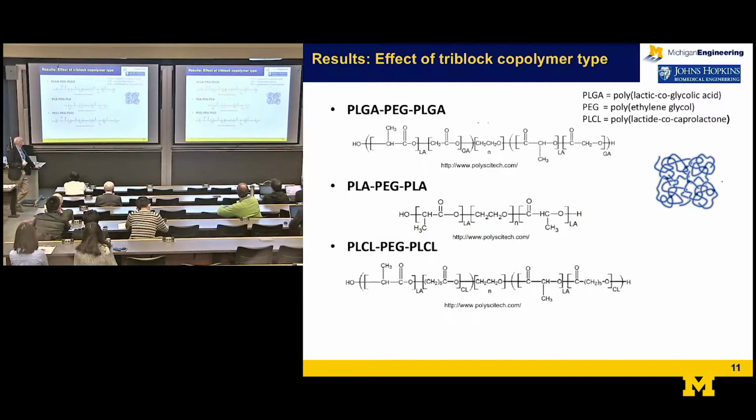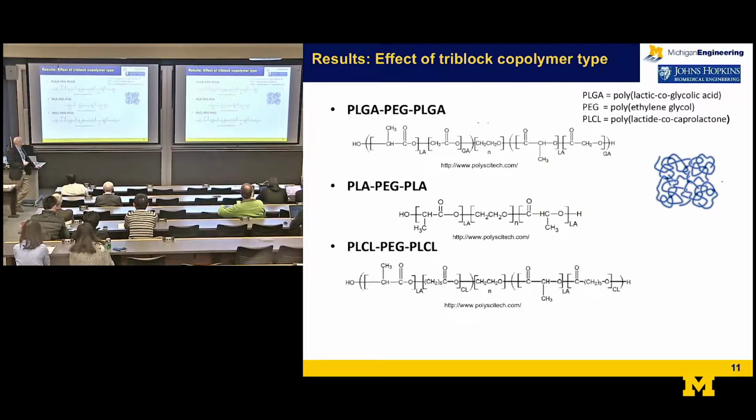So the basic strategy here is to use a hydrogel, and these are made out of tri-block polymers. The center block is always the same. It's PEG, polyethylene glycol. The end blocks are more hydrophobic and could be either PLGA, shown here, or PLCL. These are commercially available. They're FDA approved. And this gives us versatility to design a vehicle.